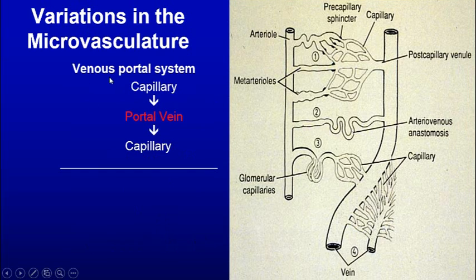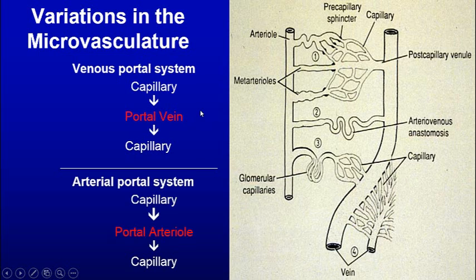There's also portal vessels, and the portal vessel could be vein or it could be arteriole. If it's arteriole, one example of that is in the kidney. You heard of afferent and efferent arteriole, right? Well, the first capillary network is in the glomerulus, and the second capillary network is in the peritubular capillaries.